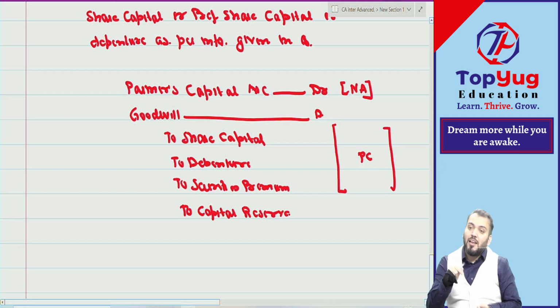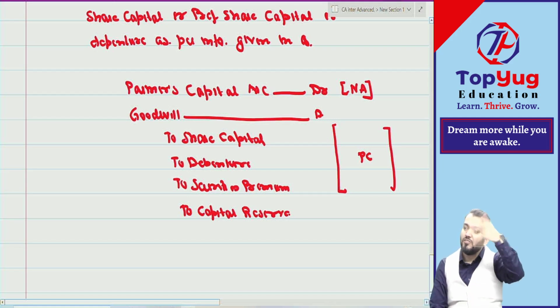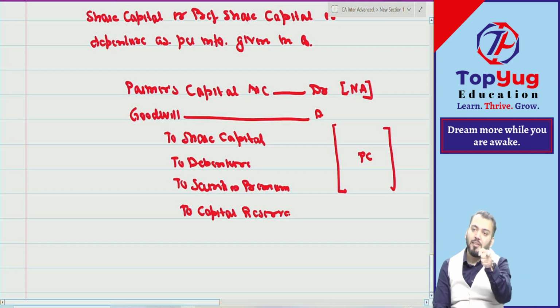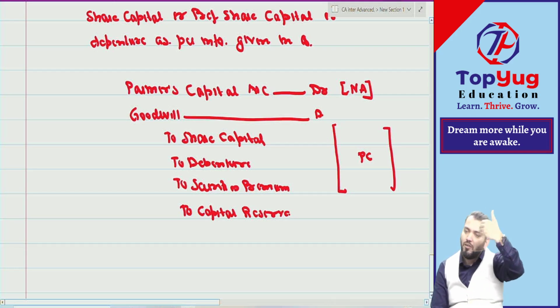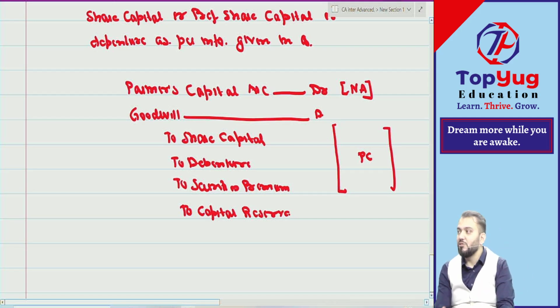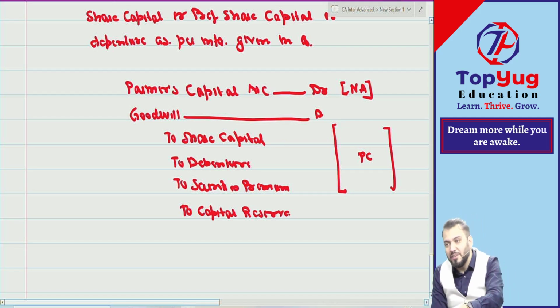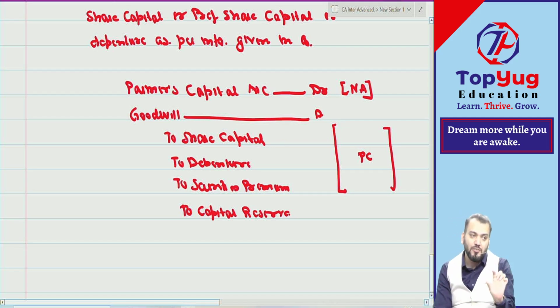Means if goodwill value is not given in the question, then step 3 is not applicable. Then automatically goodwill will come in this account, in this step. So if goodwill is given, then you have already raised it, it has already been taken into consideration, so it will tally. Means no balancing figure will come. But if goodwill is not given, automatically some balancing figure will come in this journal entry, and you need to recognize the amount of goodwill.